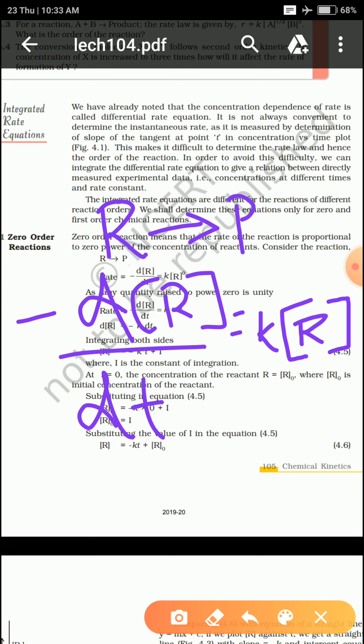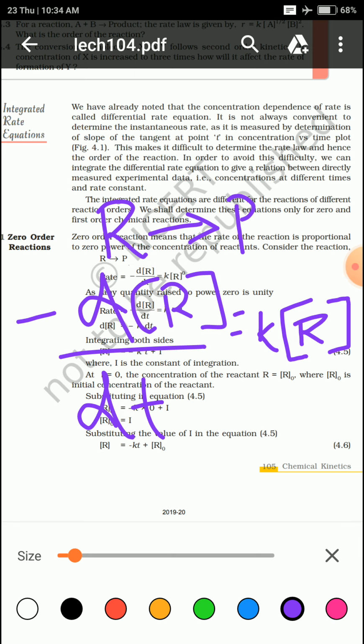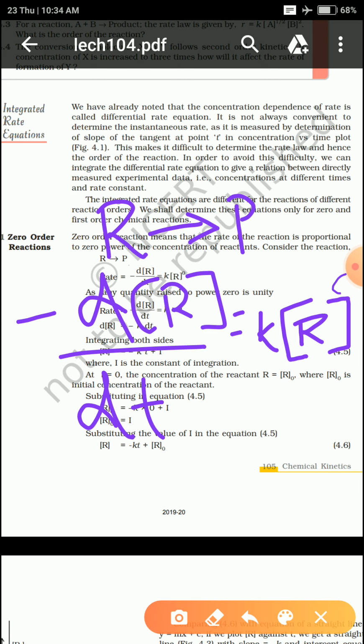But it is a zero order reaction, which means the power of the reactant will be 0. So K, concentration of R to the power 0. Anything raised to the power 0 has the value 1, right? This will be 1.